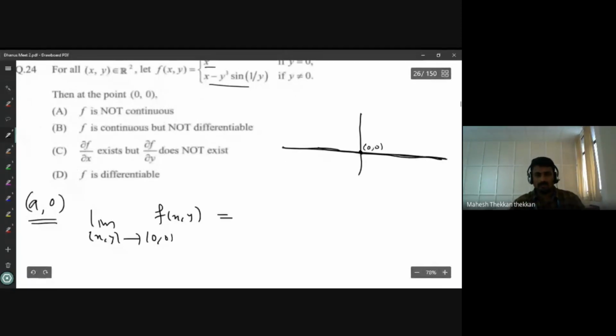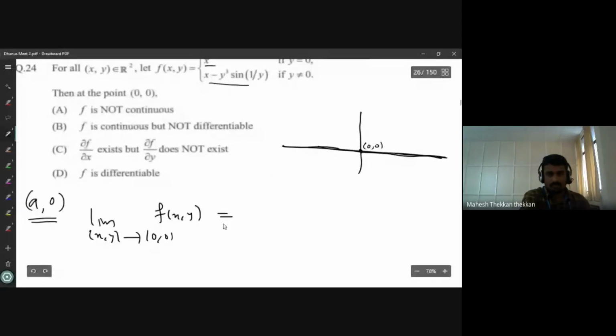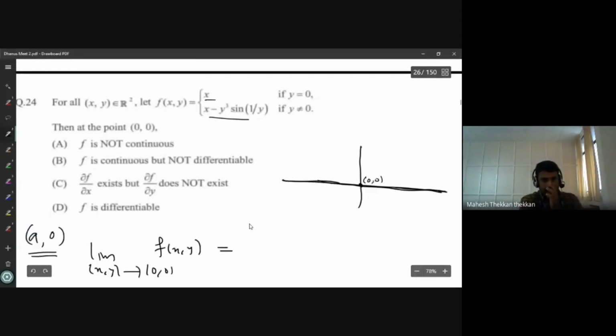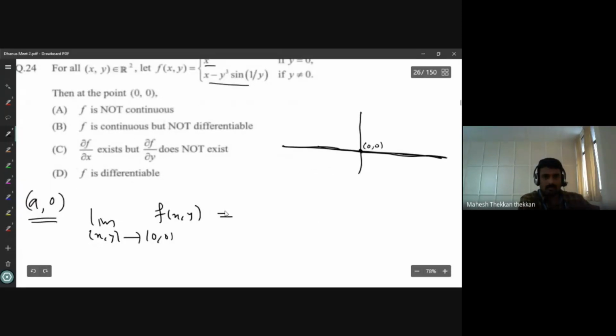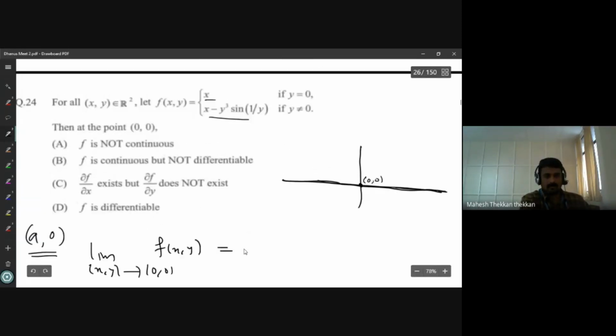Just a minute. You just consider your function: it is (x minus y cube) into sine of 1 by y.